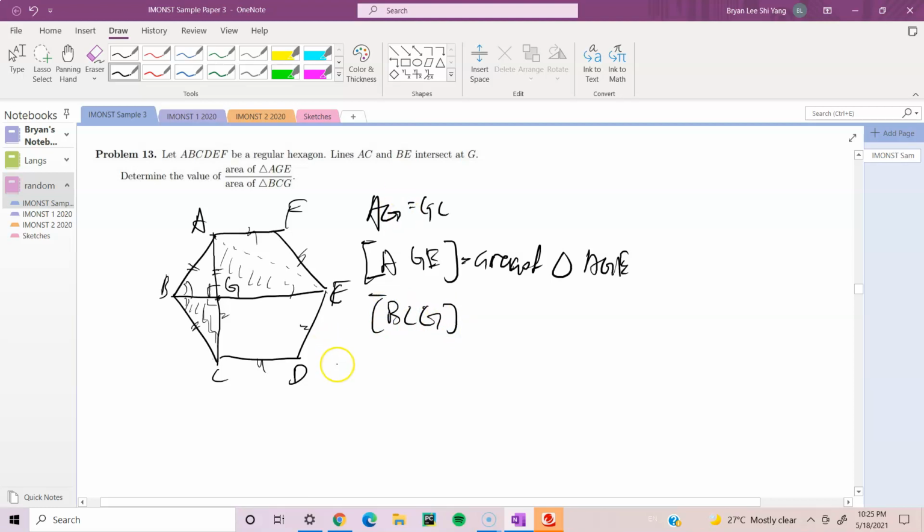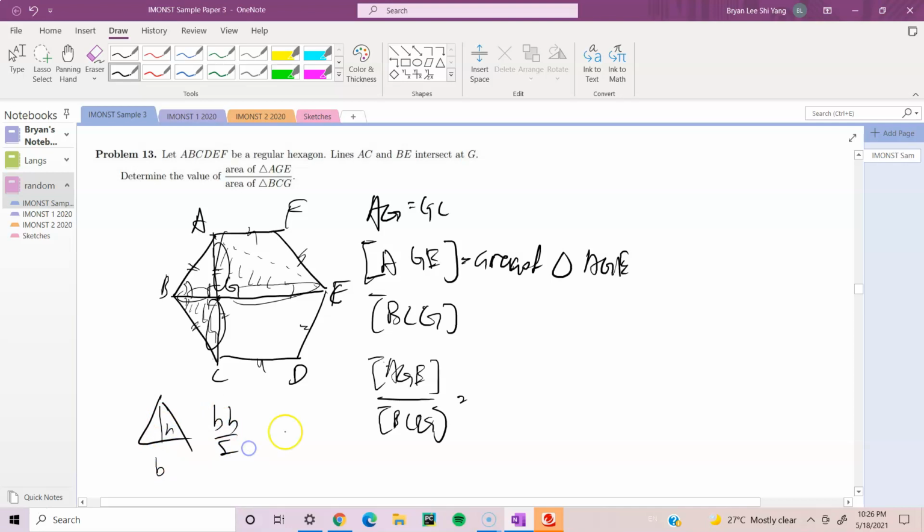Since these two share a common height, the ratio of the areas is equal to the ratio of their lengths, because with a 90 degree angle it's just base times height divided by 2. So AGE over BCG would be something like GE over BG.